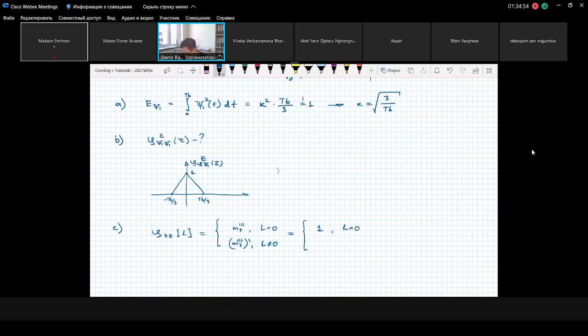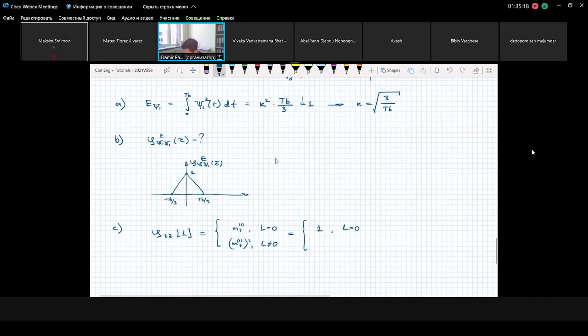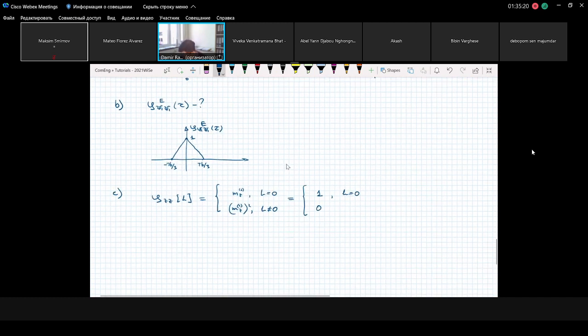And if we say that they're independent, we have the same probability for -1 and 1, and it means that the mean value will be equal to 0. It will be -1 times 1/2 probability for -1 plus 1 multiplied by 1/2. As a result, it will be equal to 0 for L not equal to 0.